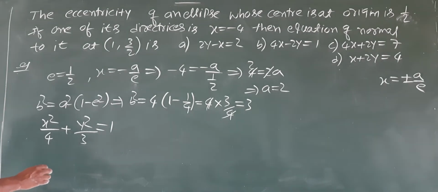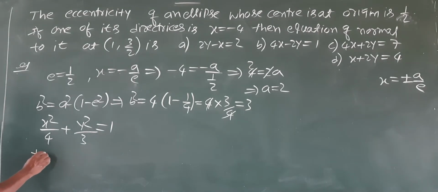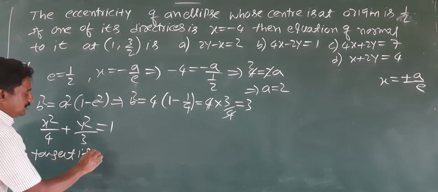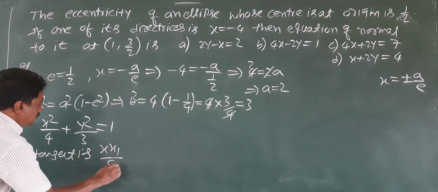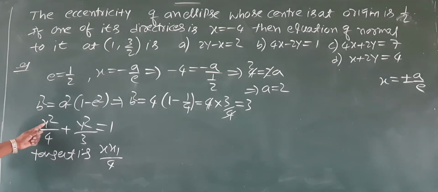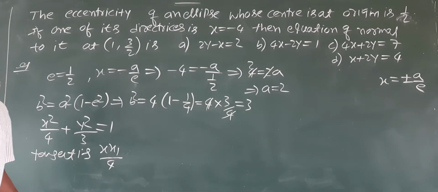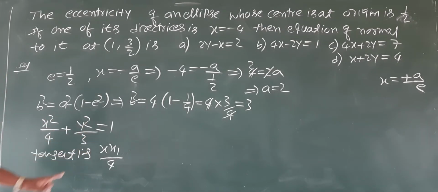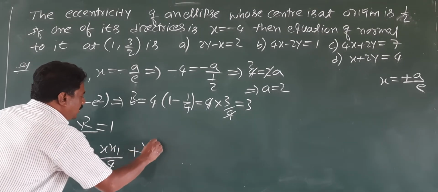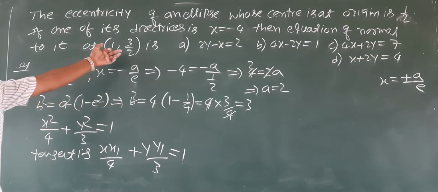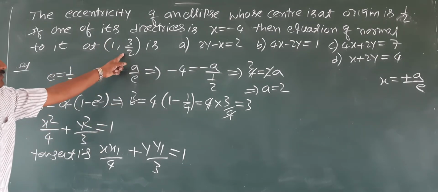So tangent is xx1 by a square. Replace x square by xx1, y square by yy1. That's all. Whenever tangent is required, replace x square by xx1, y square by yy1, plus yy1 by 3 is equal to 1.